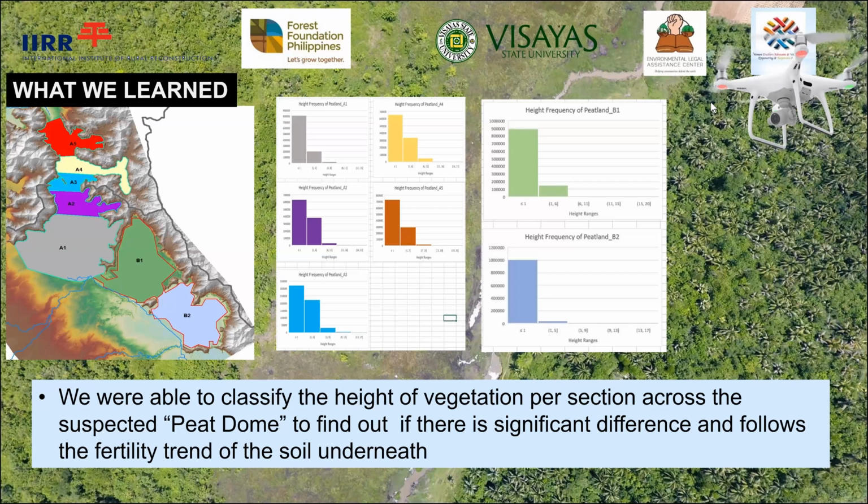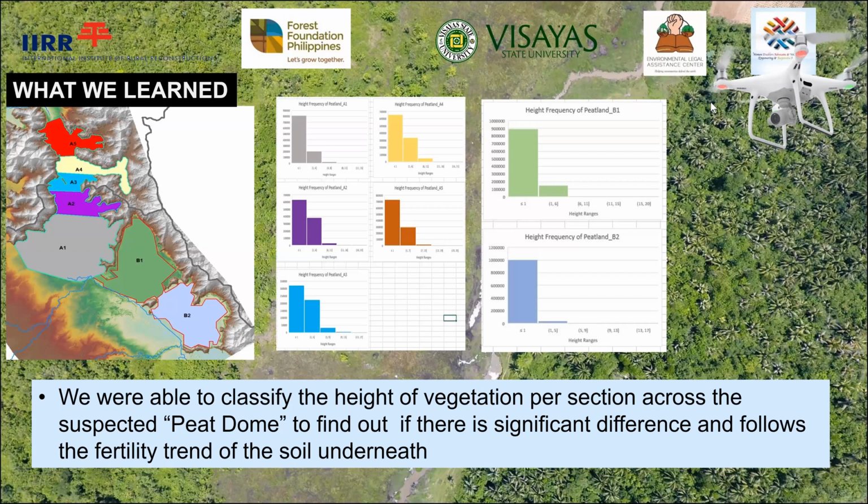There are already drones for researchers who would like to buy a drone for mapping, especially for our peatland. There are already drones now that have a four sensor system, the RGB plus the NIR, the near infrared sensor. If we have this one, then we can have a much more detailed analysis of the vegetation using drone.